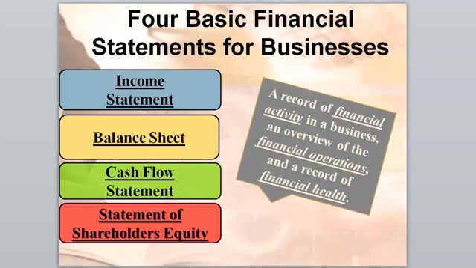But most people are very familiar, or need to be familiar, with the income statement and the balance sheet. Now, financial statements are basically a record of financial activity that has happened over a certain period of time. We're going to start out with the income statement.